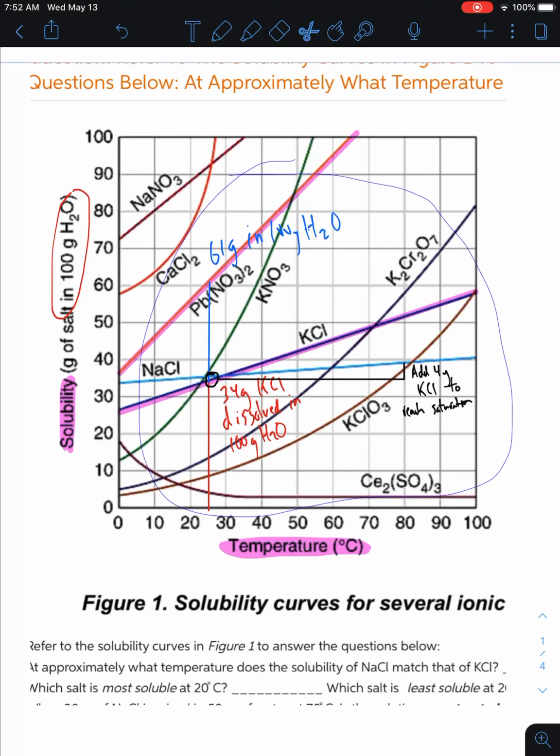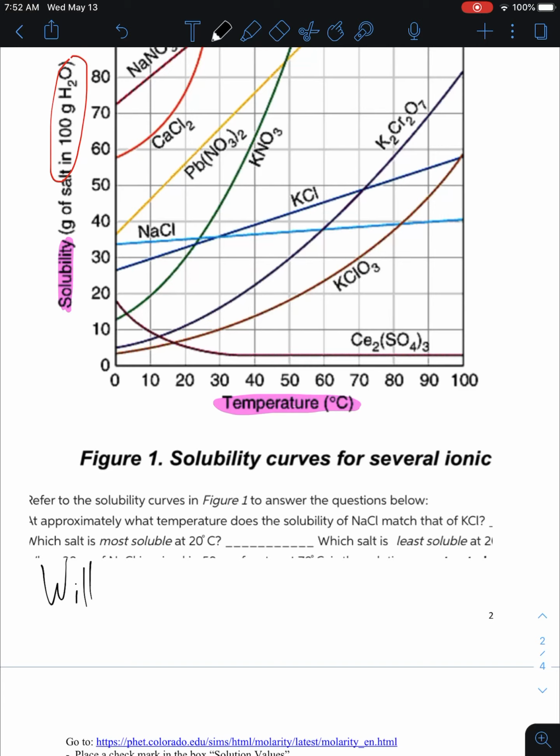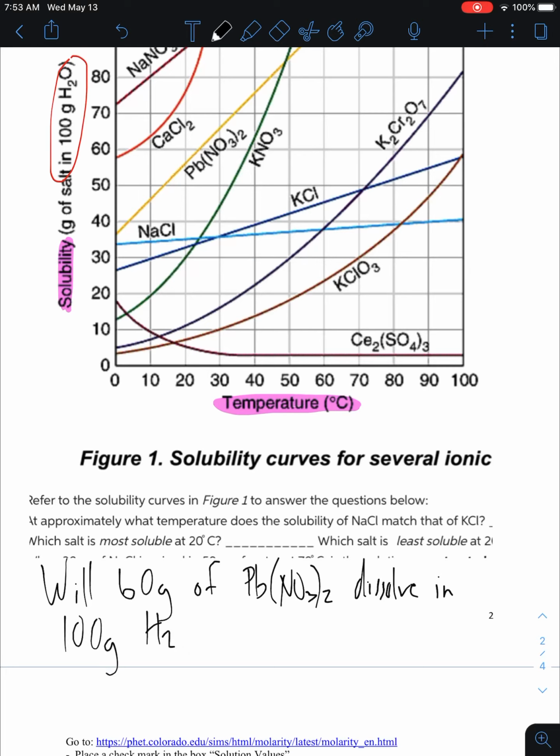Will 60 grams of lead nitrate dissolve in 100 grams of H2O? First, let's just stop there. If this was the question, will 60 grams of lead nitrate dissolve in 100 grams of H2O?